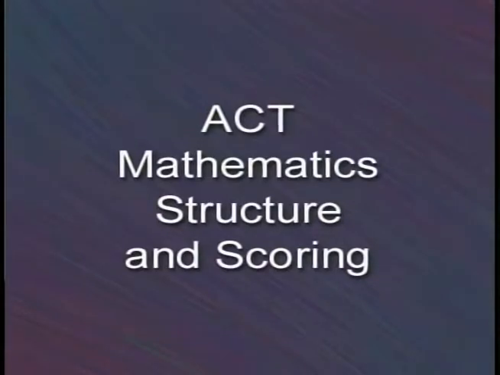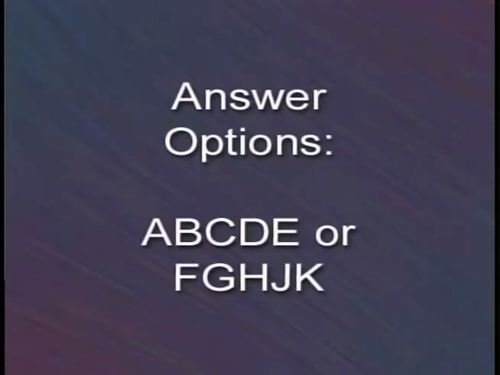Let's look at how this test is organized. The ACT mathematics test presents you with 60 multiple-choice questions to be solved in 60 minutes. Each question contains 5 options from which to choose.